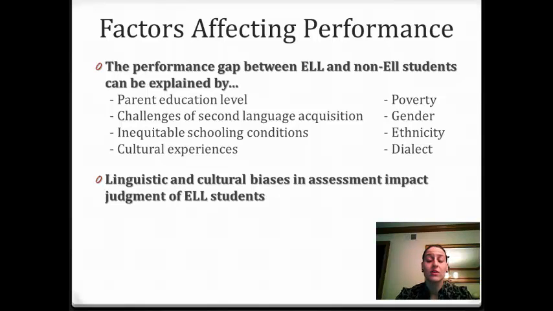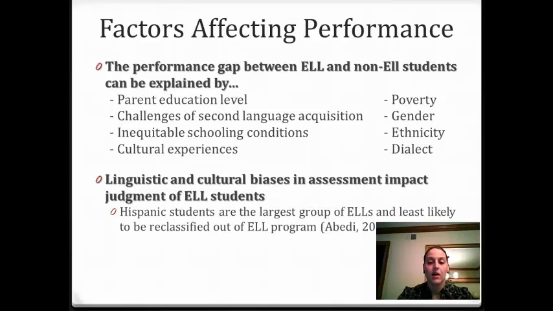However, I want to also point out that there are certain linguistic and cultural biases in assessment that impact the way that the school, administrators, teachers judge ELL students. So, for example, Hispanic students are the largest group of ELLs and also found to be the least likely to be reclassified out of the ESOL program.